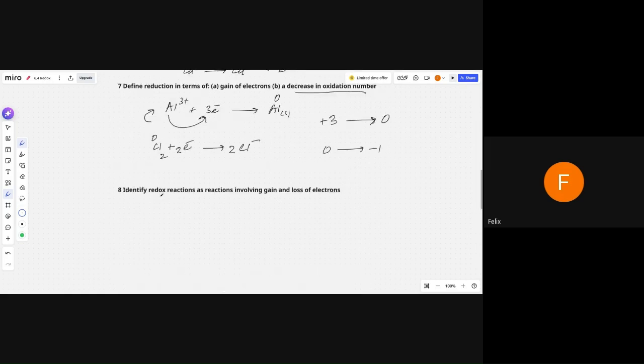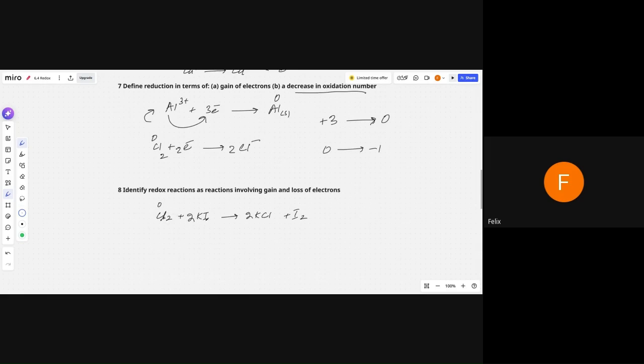Topic number 8, identify redox reactions as involving gain and loss of electrons. Look here, we have this reaction: Cl2 plus 2 potassium iodide changes into 2 moles of KCl plus I2. Now you can see that chlorine's oxidation number is 0, because we know that the oxidation number of elements in their free state is 0. Chlorine here is in its free state, Cl2.